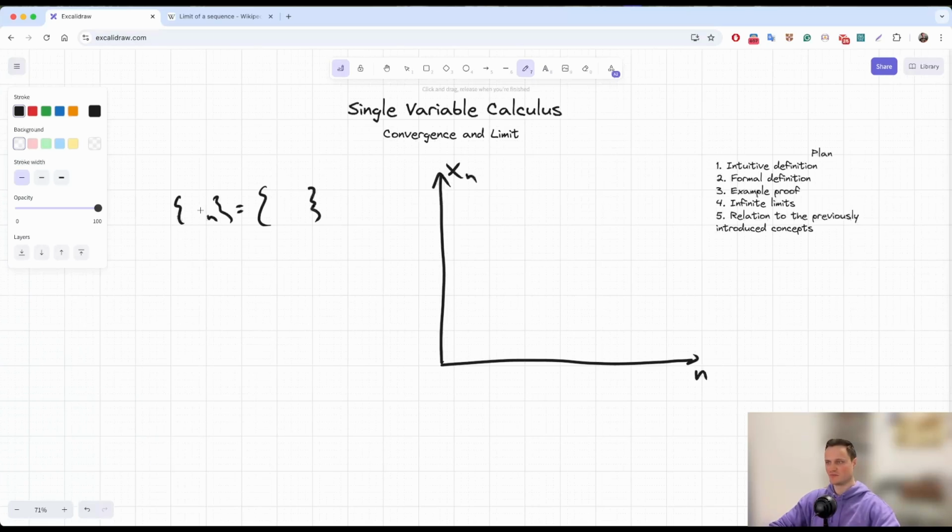Another concept to compare is an infinitely small sequence, usually denoted as a sub n. It is called infinitely small, or tends to 0, if its terms eventually become and stay arbitrarily close to 0. For example, 1 divided by n is infinitely small, and we can say that starting from some number, it will be closer and closer to 0.